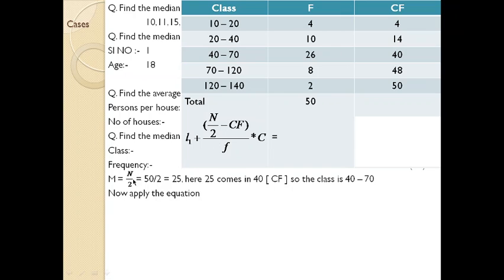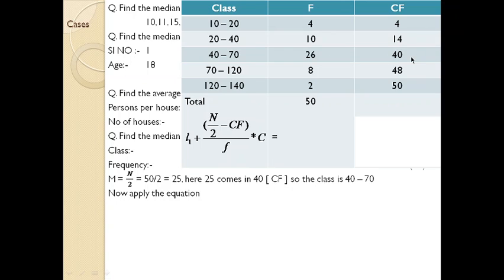We have dealt with the same n by 2 here, the same value, 50 by 2, minus CF. CF means the number preceding that CF in which the class stands. That is the 40 and 70. The CF in that particular row is 40.